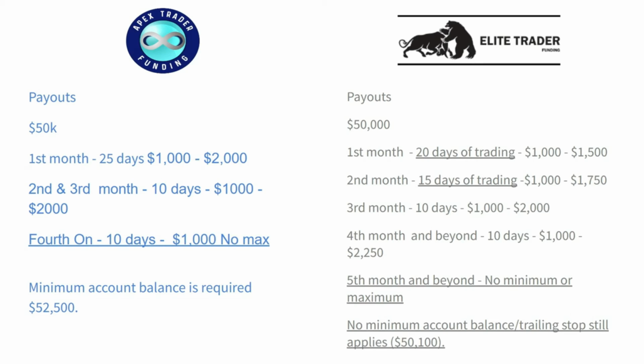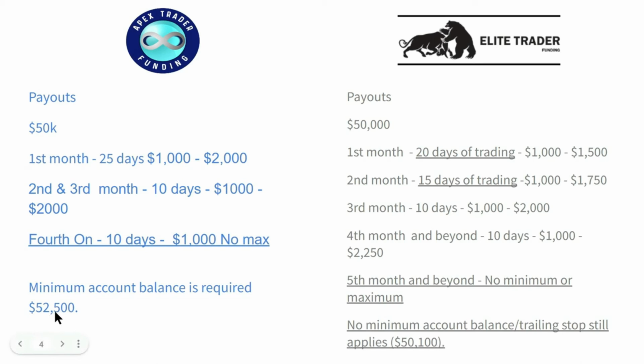And you can withdraw. Of course, it will have an effect since this is going to be your trailing stop, 50,100, right? So if you have a $52,000 account and you pull out 1,000, you can still be over your trailing stop.